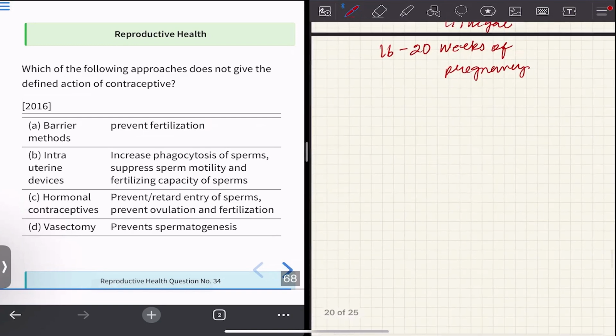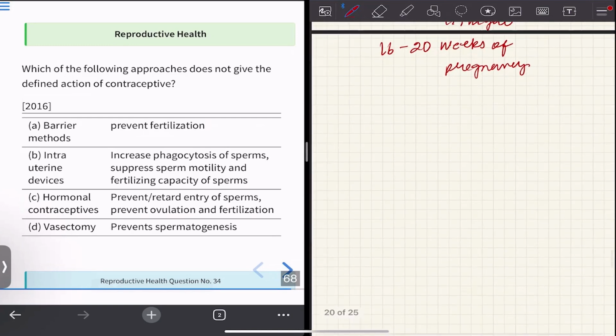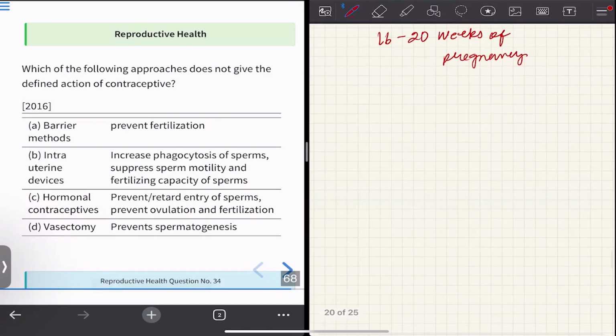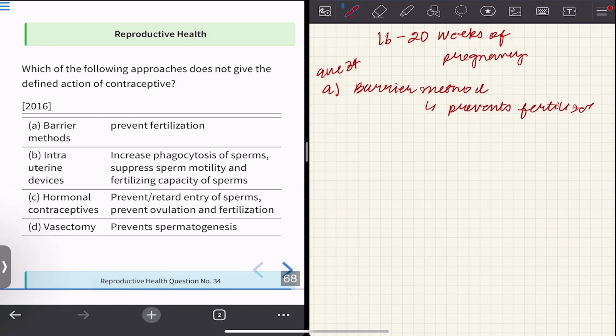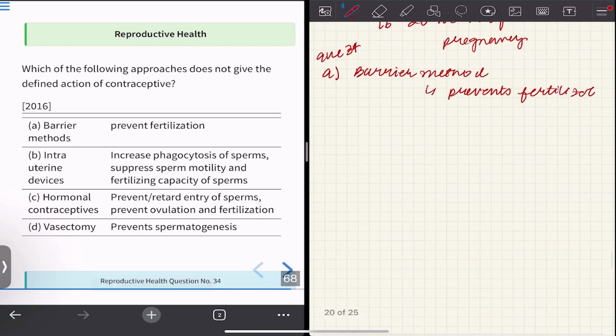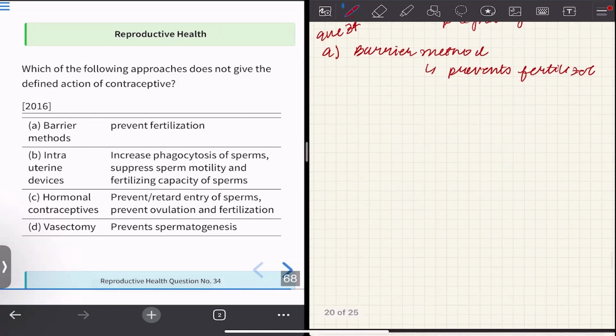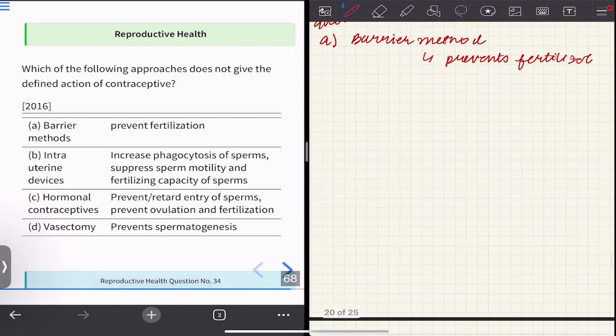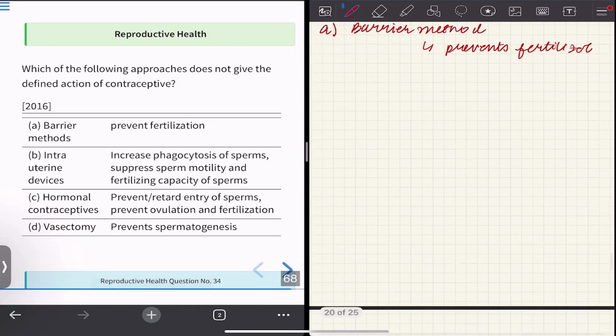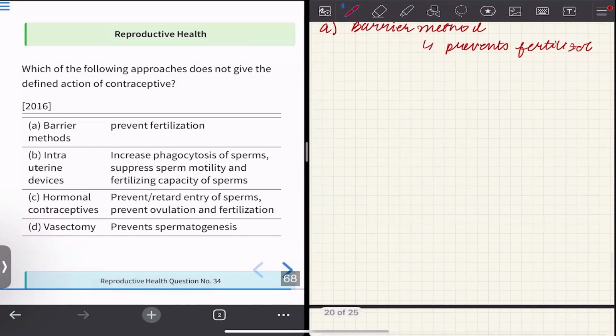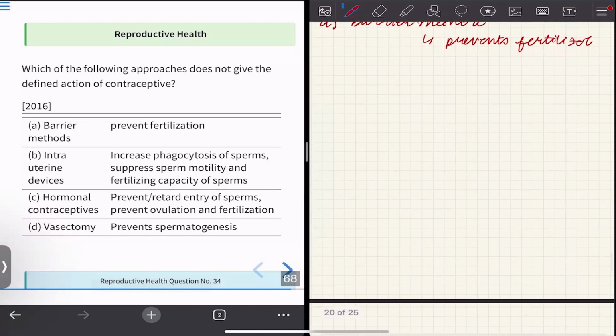It acts as an obstruction, so it prevents fertilization, which is correct. Then we have intrauterine devices. These can be of two types: hormone containing or copper containing. Copper containing ones increase the phagocytosis of sperm, suppress the sperm motility and decrease the fertilizing capacity of sperms.